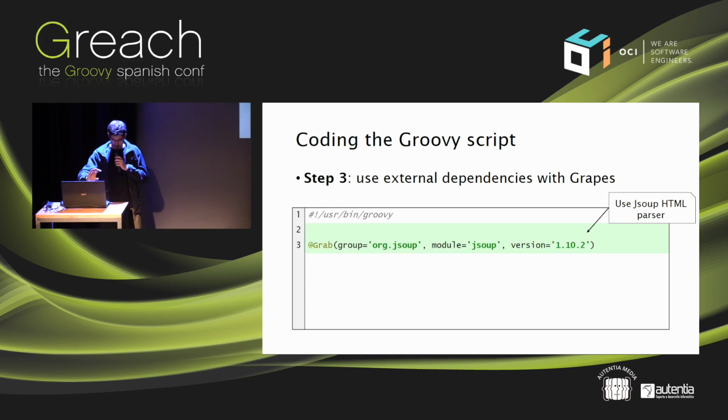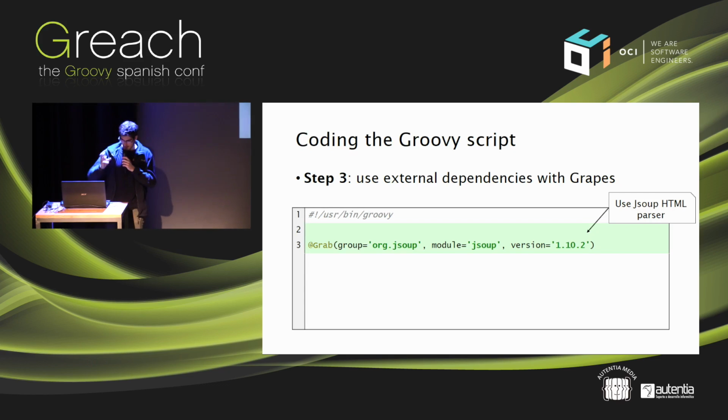Using the @Grab annotation and indicating the Maven coordinates of the library that we want to use, the dependency will be downloaded the first time that we execute the script, or resolved locally in case the dependency is cached in our system and is already there.